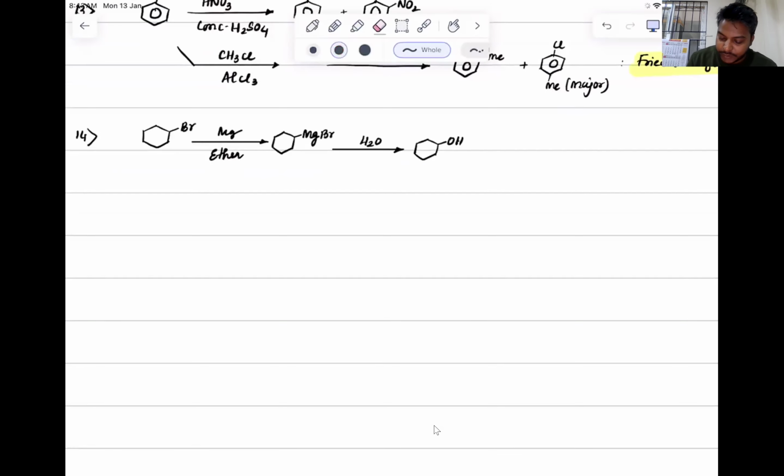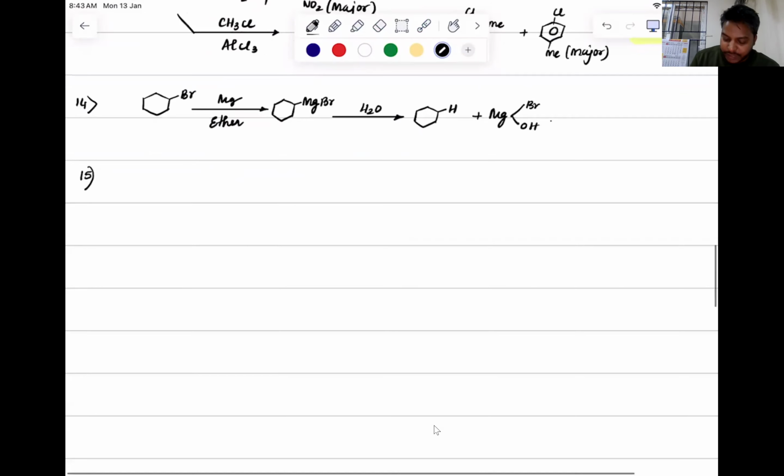Sorry, will make it H here. Because the C minus will extract the proton from here and convert into this H. And magnesium would become Br and OH here.